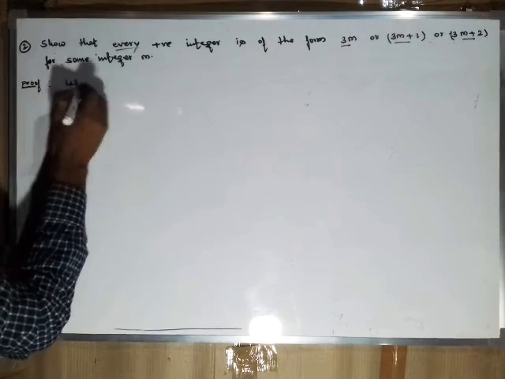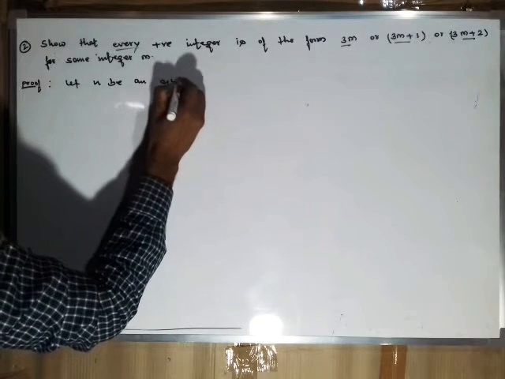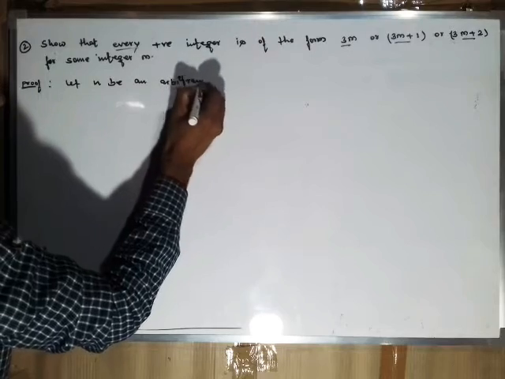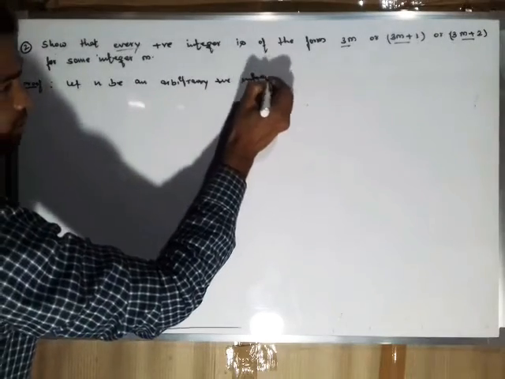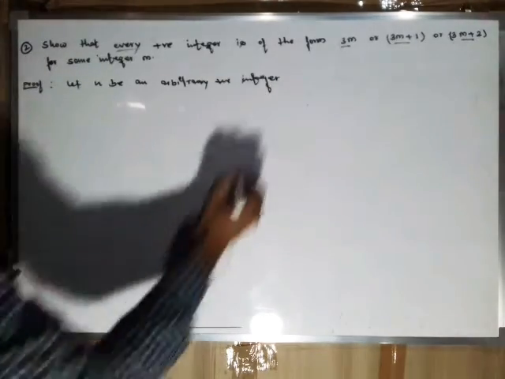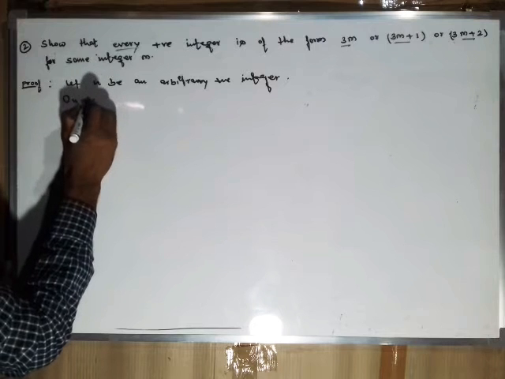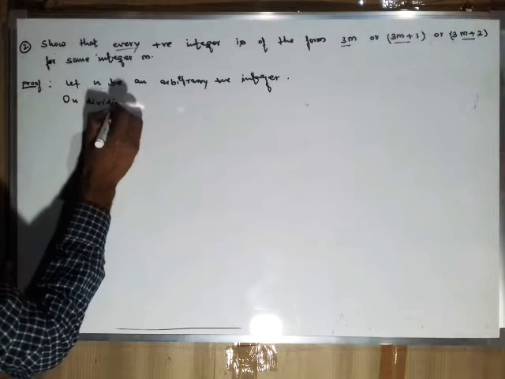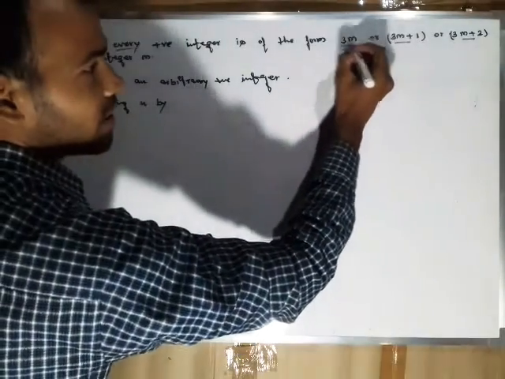So let n be an arbitrary positive integer. Clear? On dividing n by the divisor, what is the divisor here? 3.